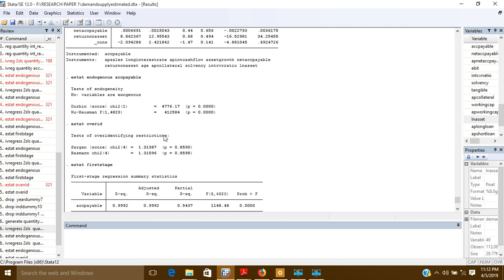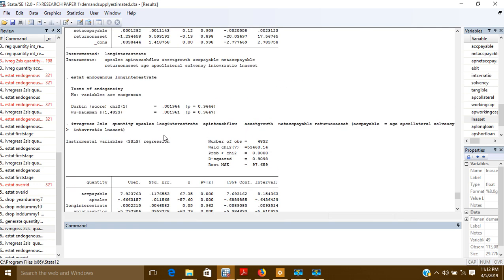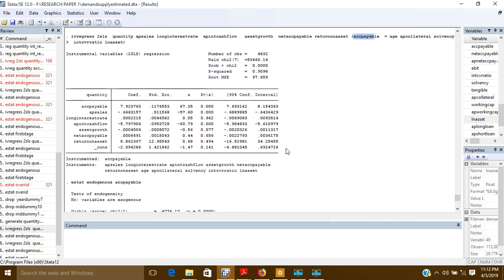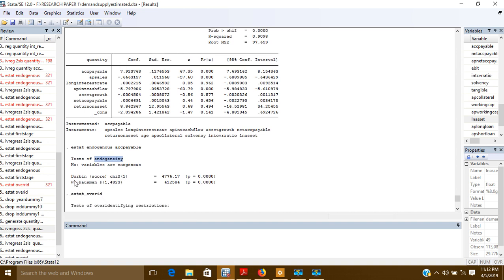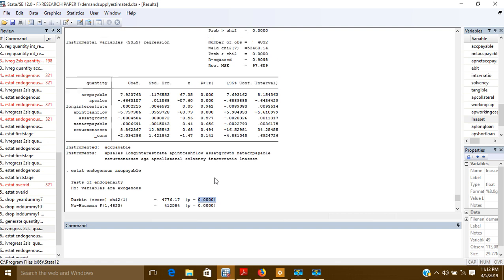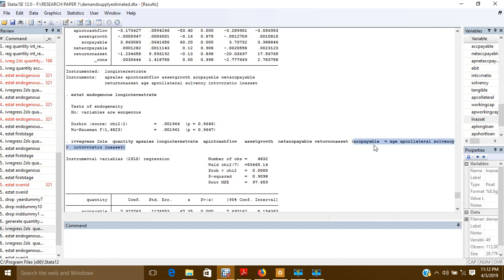So we have done 3 tests. The first test was that we wanted to know whether the variable which we have used is endogenous, whether there is endogeneity or not. This test has told us that there is endogeneity, so this is an endogenous variable. After this we had the tests for these instrumental variables. For these we did 2 tests.